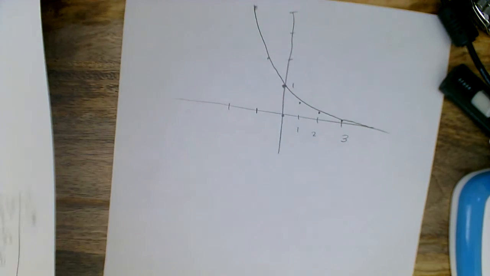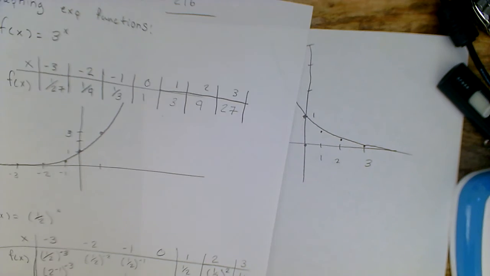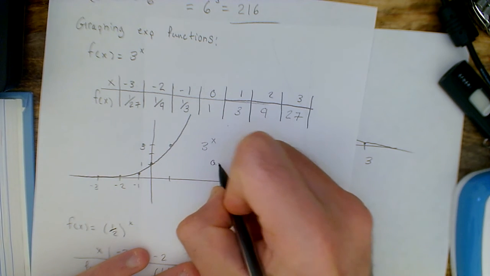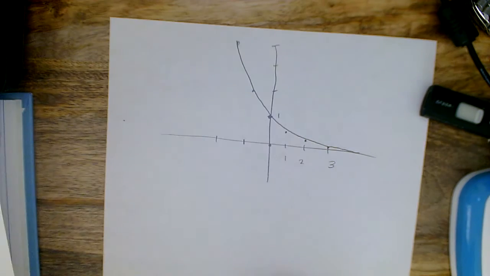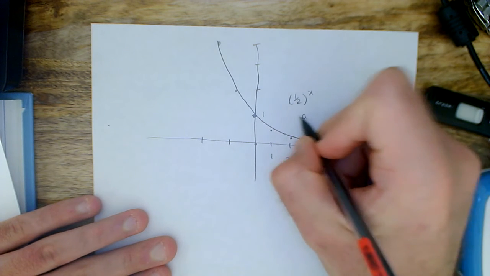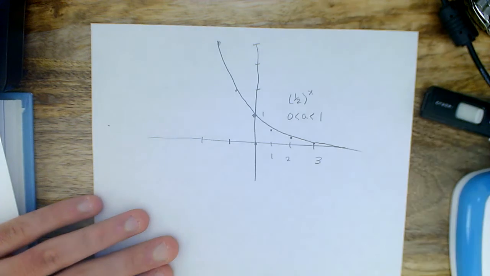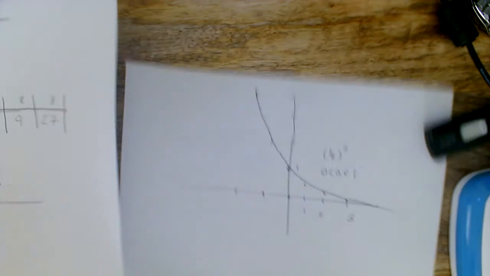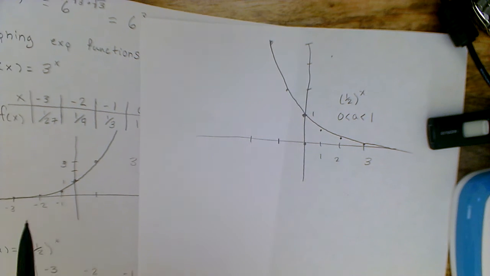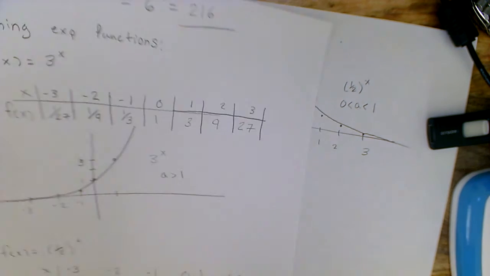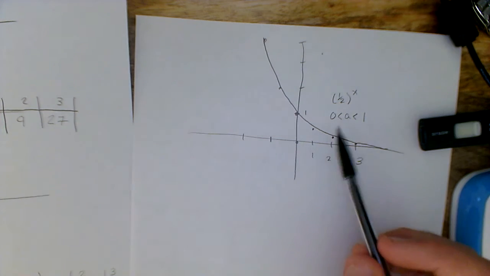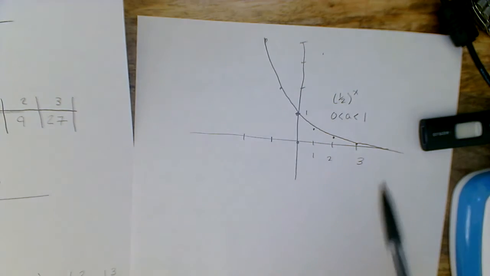So notice that in this function on top here, this is 3 to the x, so a is greater than 1. In this function, this is going to be 1/2 to the x, so a is in between 0 and 1. The difference here is that when a is greater than 1, your graph increases from left to right, and when a is in between 0 and 1, the graph decreases from left to right.